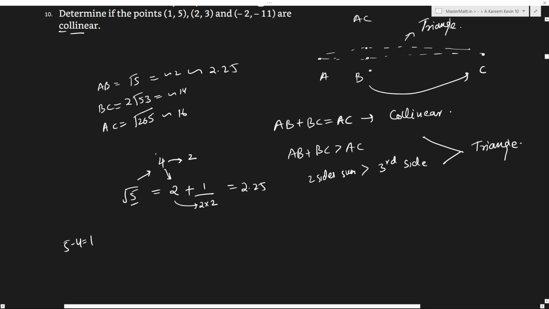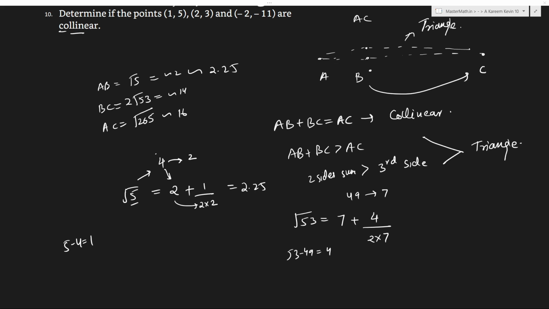Now in order to find root 53, the closest perfect square is 49, whose square root is 7. So 7, plus the gap between 53 and 49, which is 4, divided by 2 times 7. Is the method clear to everyone? Yes, sir. So this would be 7 plus 4 by 14.